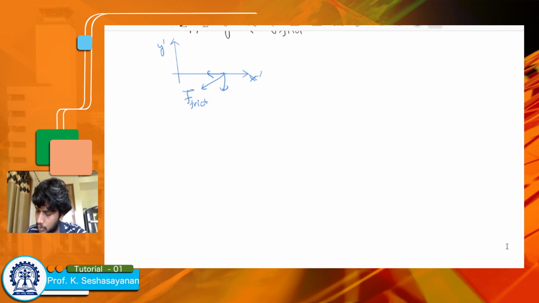We'll come back to the physical interpretation for why this frictional force should be acting in this direction. But let's just move on to part B, where we have to find the frictional force again, but the velocity is in the plus x prime direction. So I would let you do this the same way. We'll just follow the same expression.